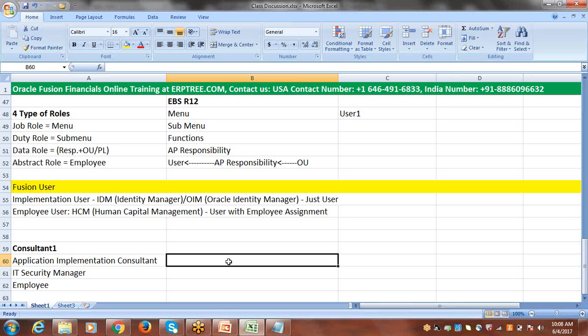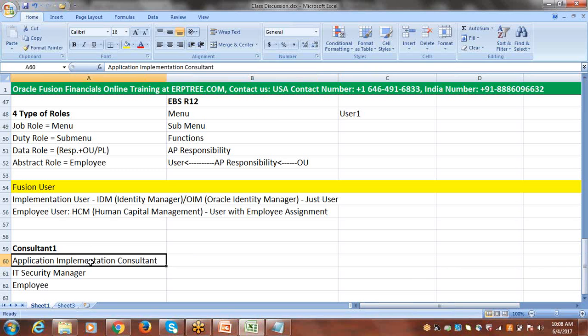Can you create a new user? Yes, we can. But in Fusion, even if you have access to this application implementation consultant role, you cannot create a new user.